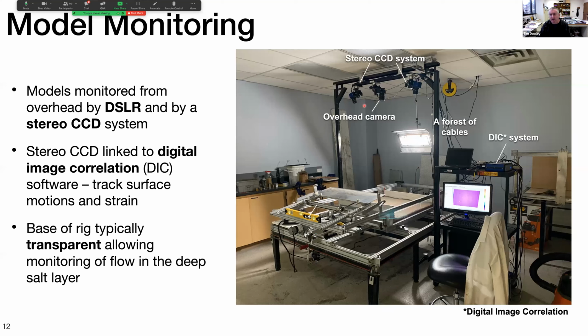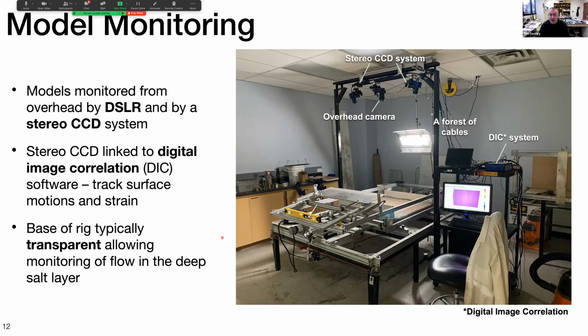So generally monitoring from overhead, a single DSLR camera overhead, a stereo CCD system, which is hooked up to a digital image correlation system that allows me to monitor everything, X, Y, Z strains on that upper surface.